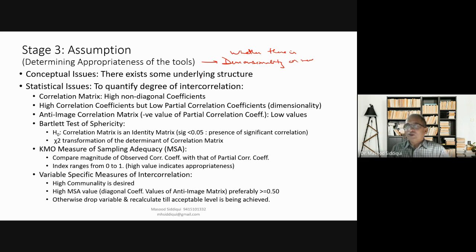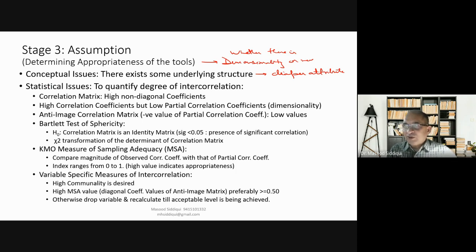Okay. So what is the conceptual issue in our case? Since we are considering the baby diaper attributes, it is expected that they represent the same concept, the same requirement, the same expectation. So there must be some underlying structure. Fine. Now, this is the conceptual issue. Now we will discuss how we can identify it through statistics, or what are the statistical issues involved.